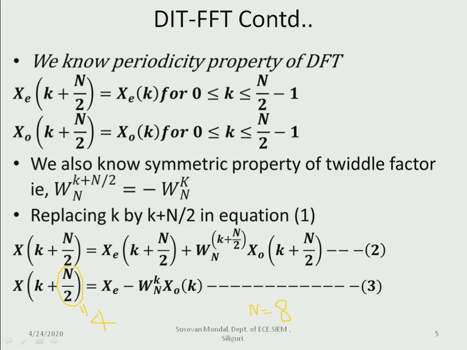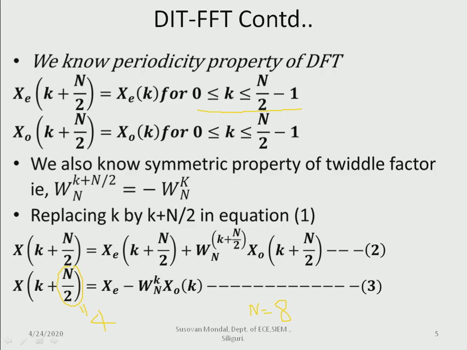Clear? Now if I put k equal to 1 here, what will be the result? It is X of 5, because N by 2 is already 4. So whenever we are considering k from 0 to N by 2 minus 1, here we are taking the k value starting from 4 to 7.